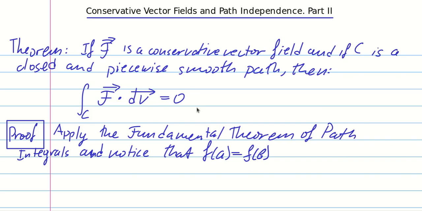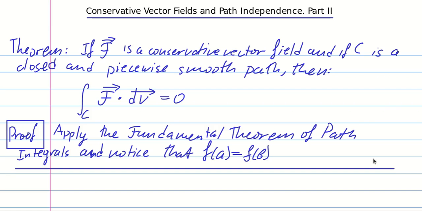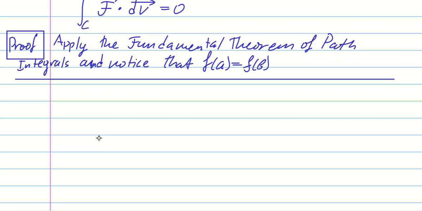So it will give you 0 on the right side. That's all you need to do. So no actual proof, but it's one really easy one. Just the idea is really simple.